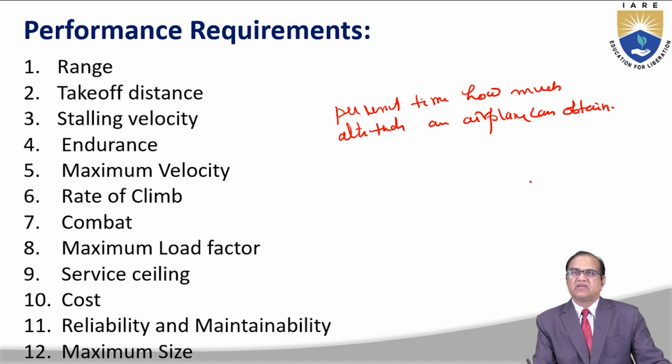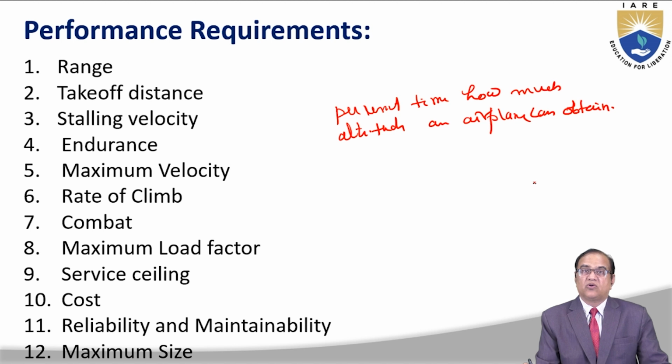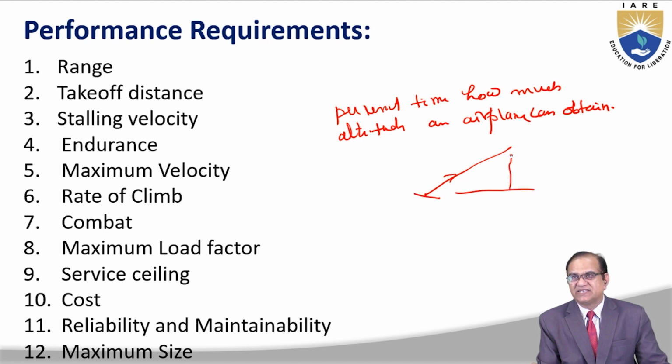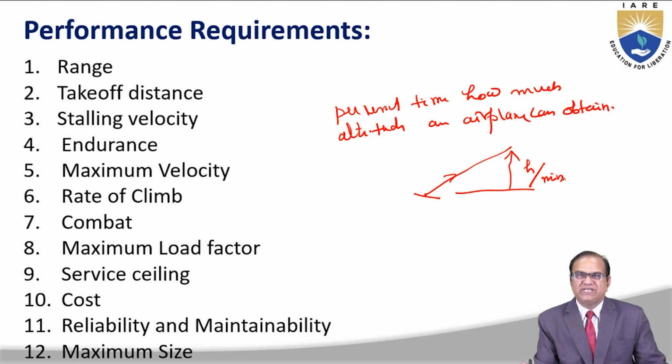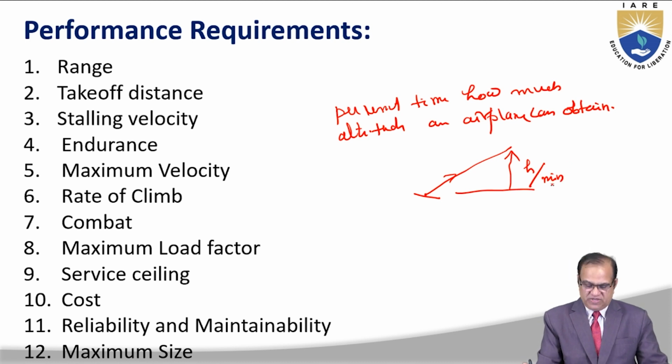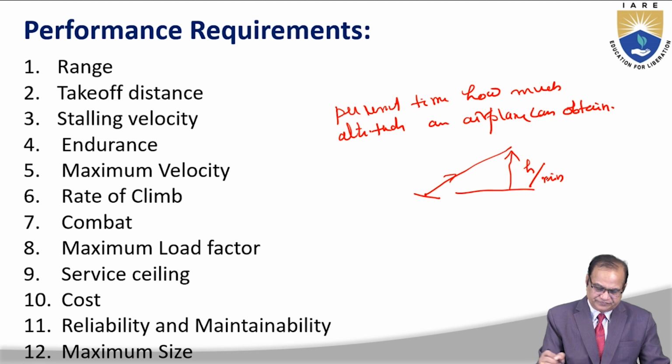That is your rate of climb. So it is climbing from here. This is the height, h per unit minute I am writing here. So h per unit minute means height per unit time, that is the rate of climb.